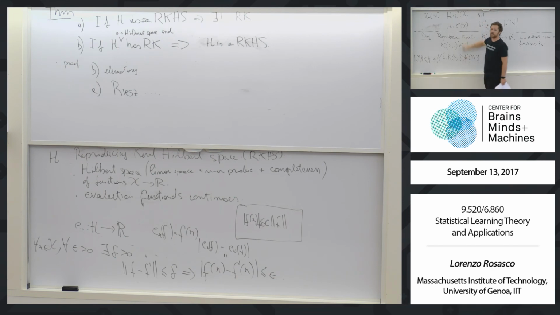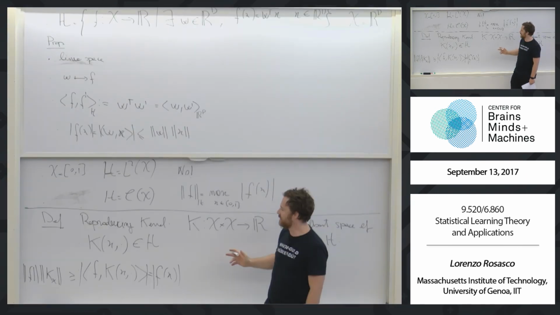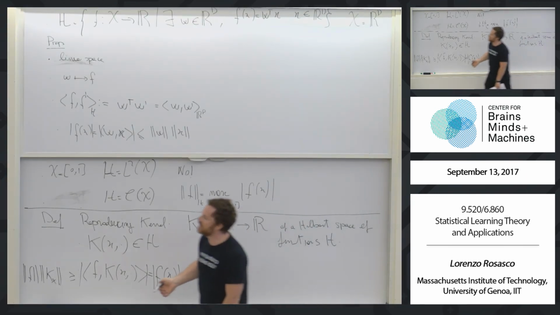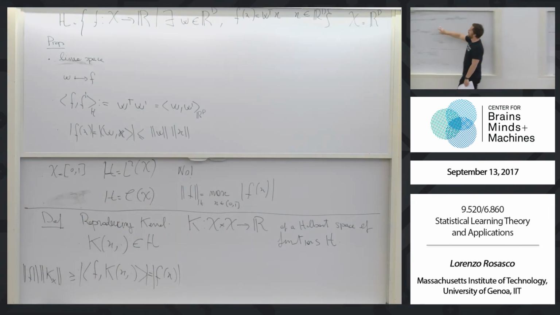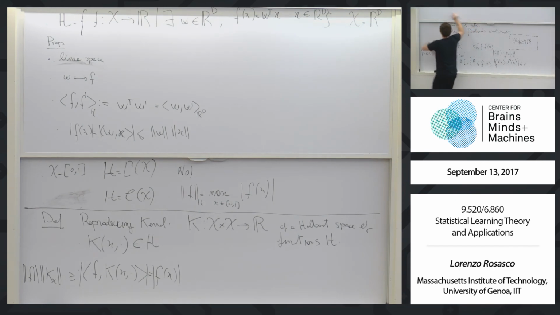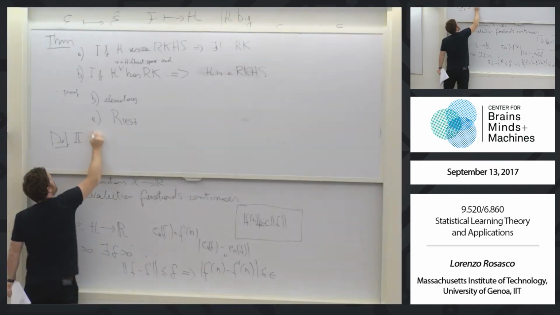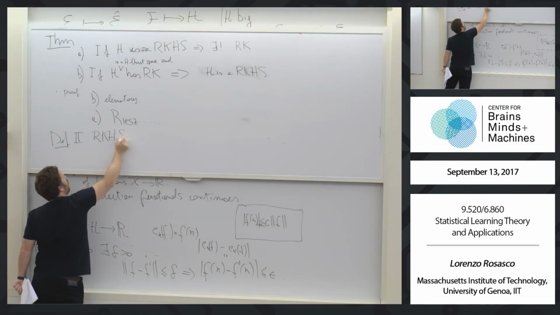I introduced this because it also makes it a bit easier to check that the space we're dealing with is a reproducing kernel Hilbert space. If I have this theorem, I can also give another definition of reproducing kernel Hilbert spaces.